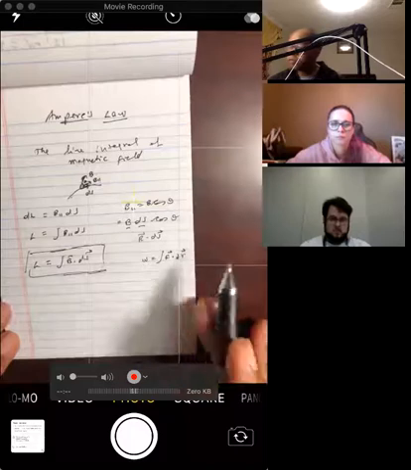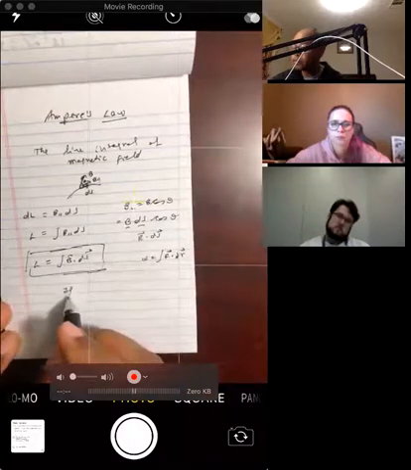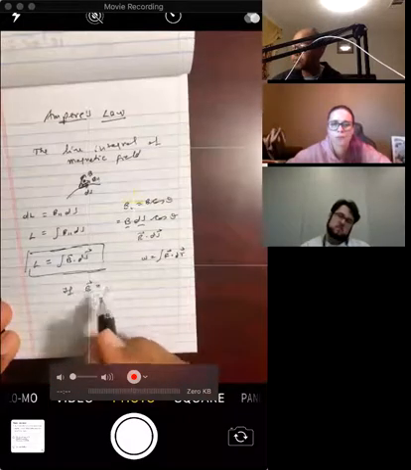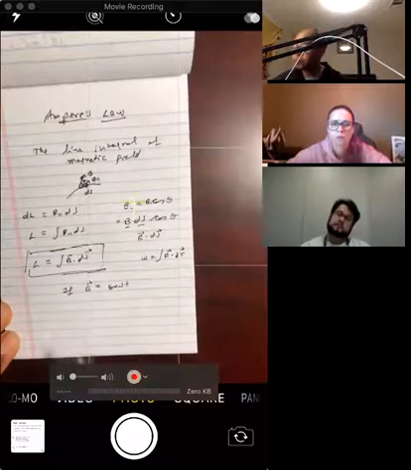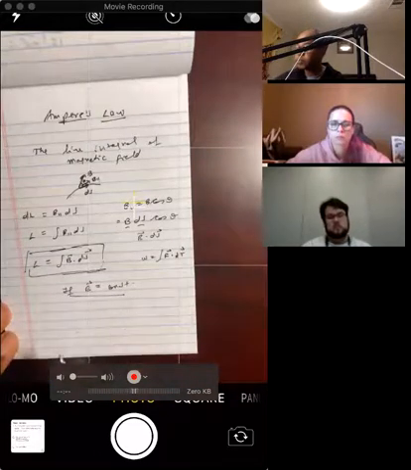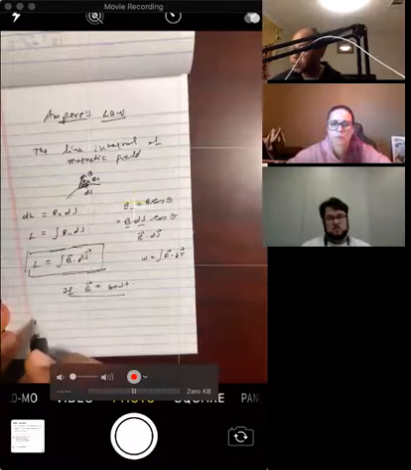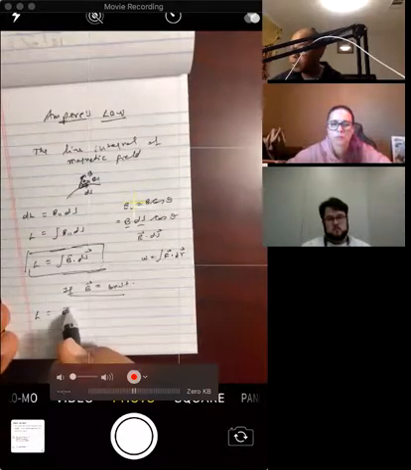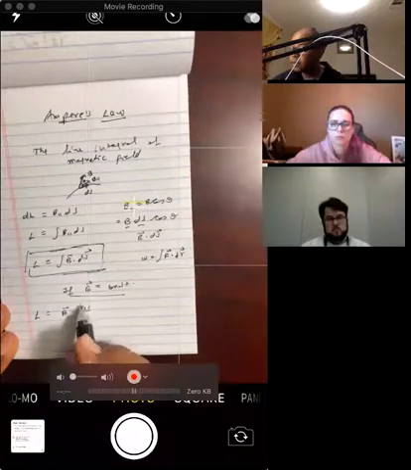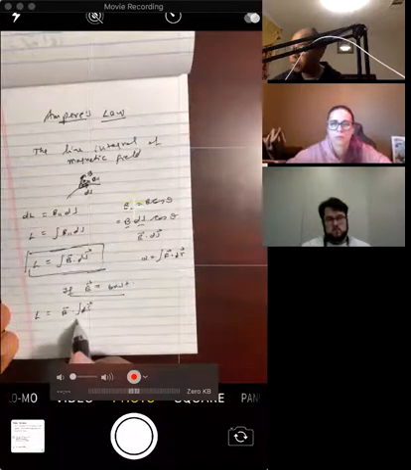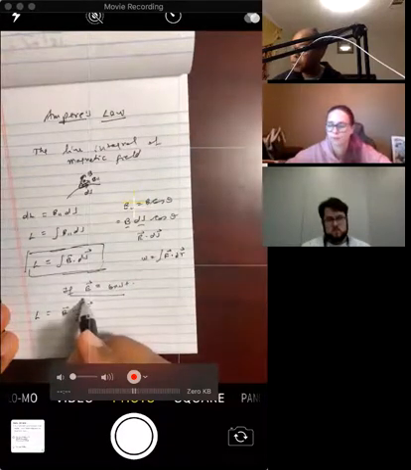Now let's simplify this. B is a constant. If B is constant, you can take it out of the integral, right? Because that's what we're going to use most of the time in this course. So if B is a constant, then the integral becomes B dot ds integrated from the initial position vector to the final position vector.